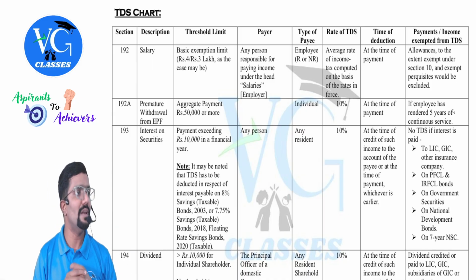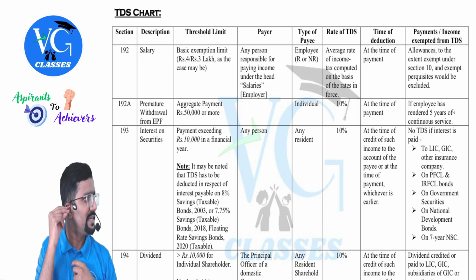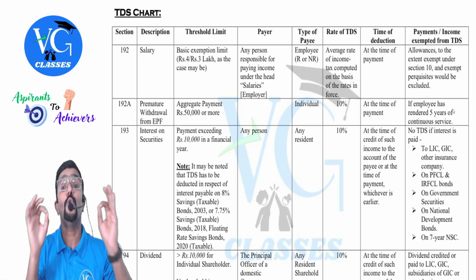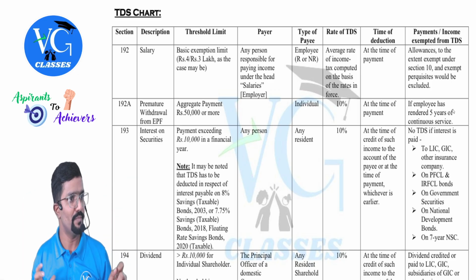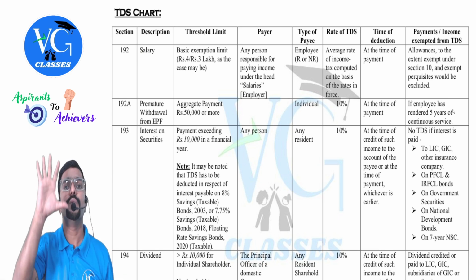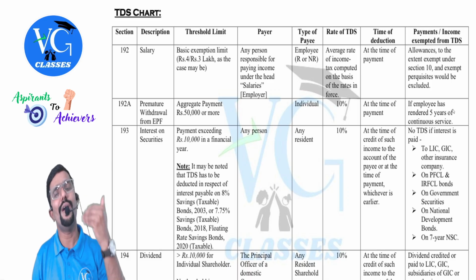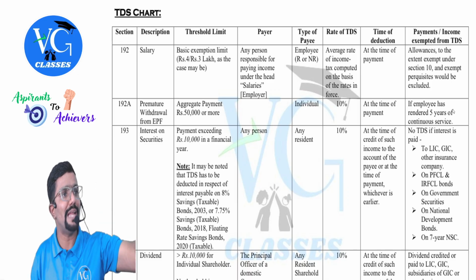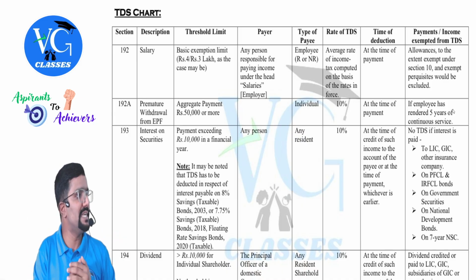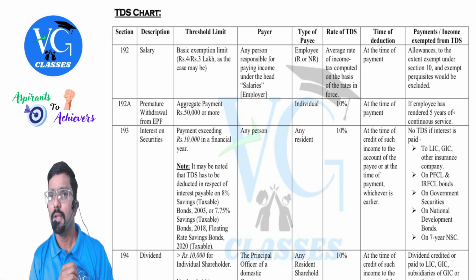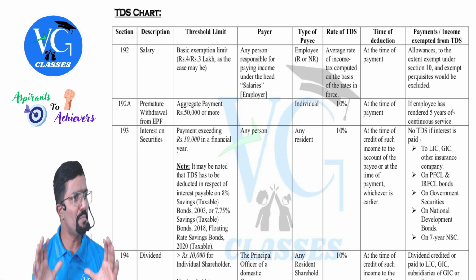You will divide it by 12, since salary is paid every month. Per month it comes to 10,000. Assume the monthly salary of the employee is 1 lakh. Before paying 1 lakh, you will deduct 10,000 as TDS and pay the remaining. Hope you understood.